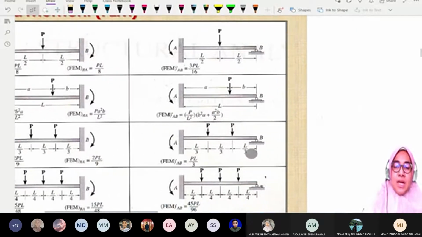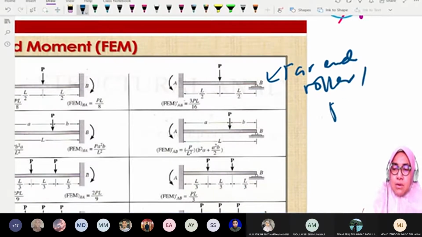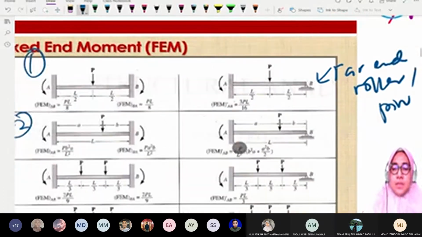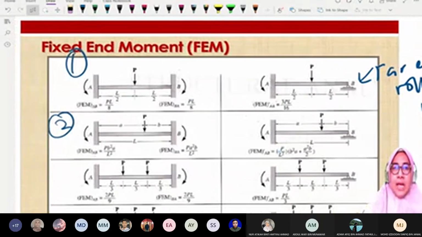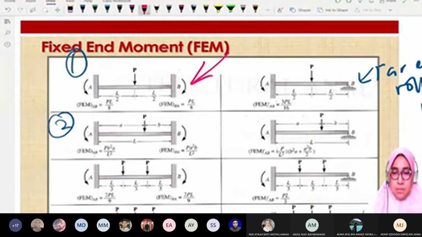So this is the case where the far end is roller or pin. Actually we can analyze a beam or frame using only this.